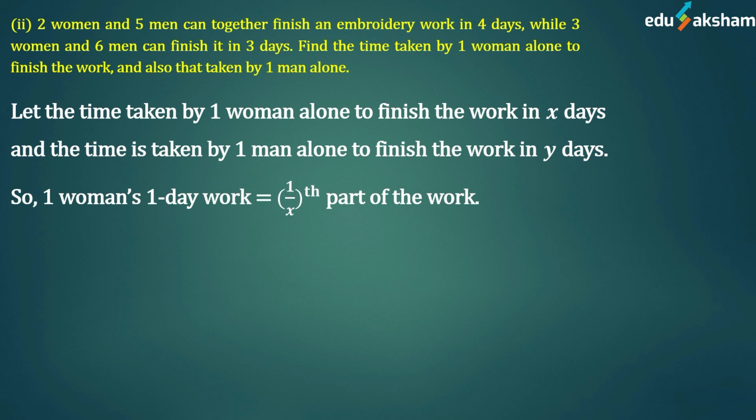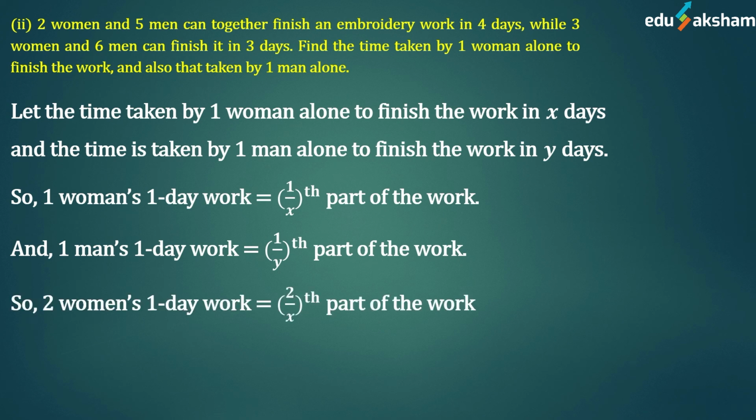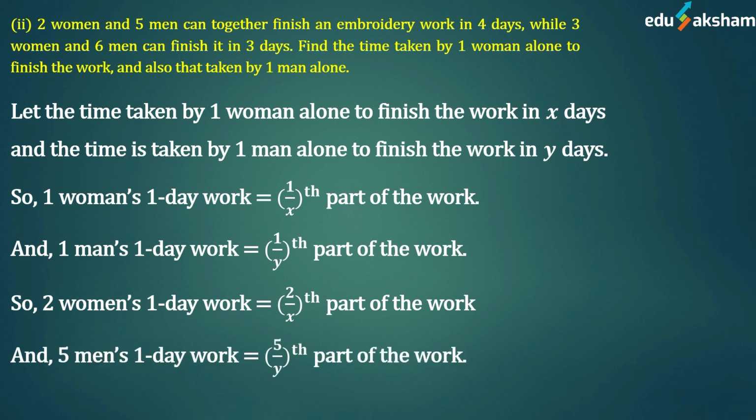Now, one woman's one day work would be 1 by x and one man's one day work would be 1 by y. Now, 2 women's one day work would be 2 times 1 by x, which is 2 by x, and 5 men's one day work would be 5 into 1 by y, which is equal to 5 divided by y.